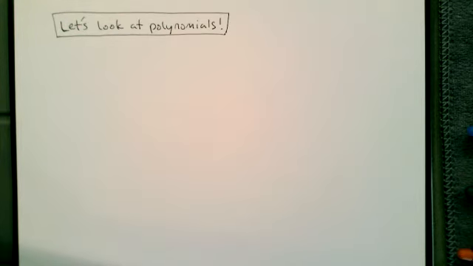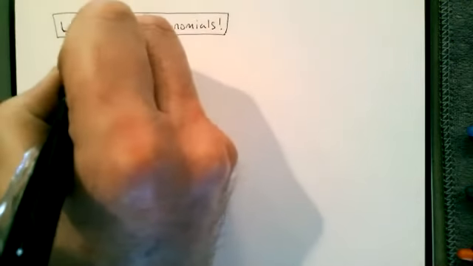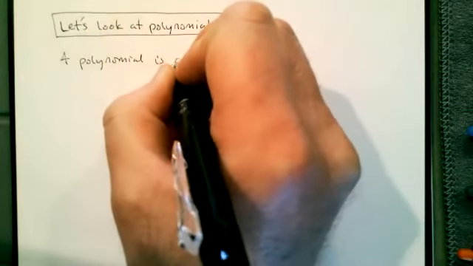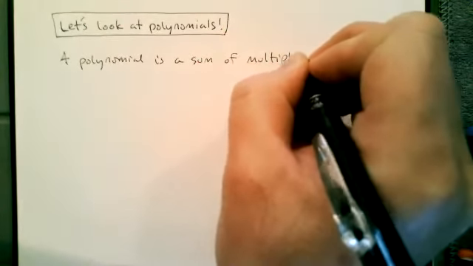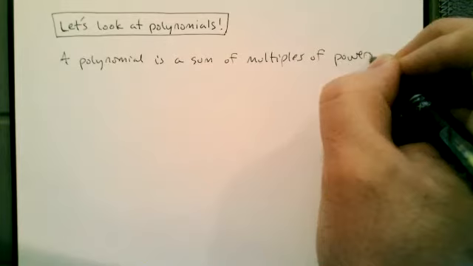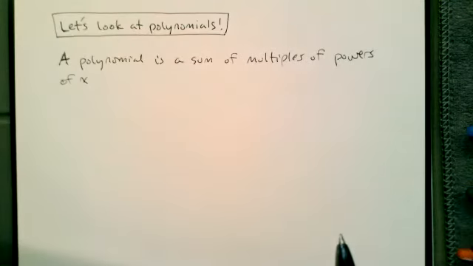Let's look at polynomials. A polynomial is a sum of multiples of powers of x. It's a super generic description of what a polynomial is.